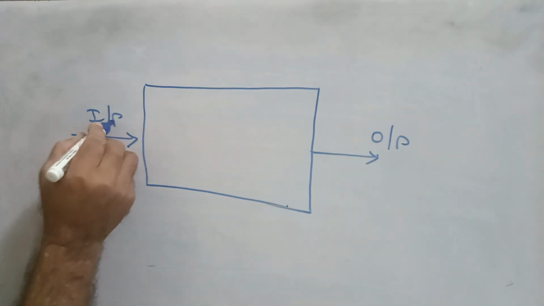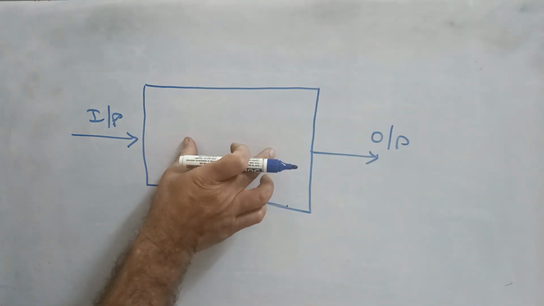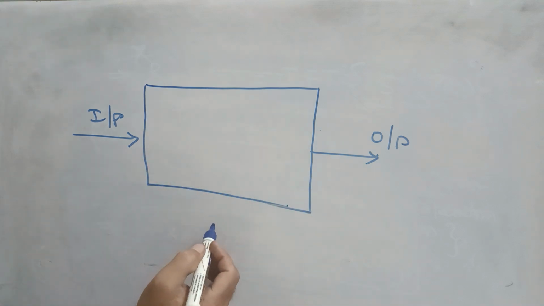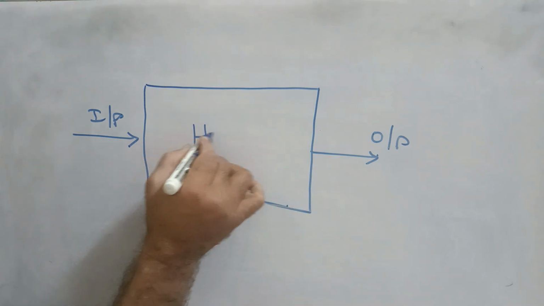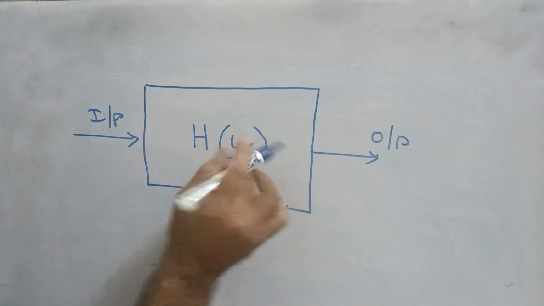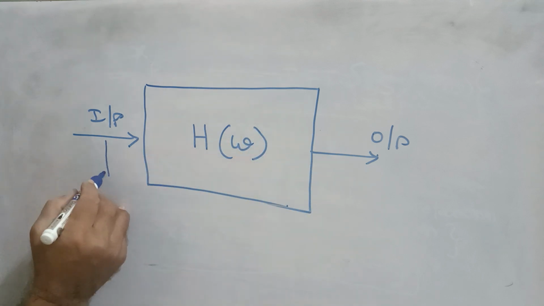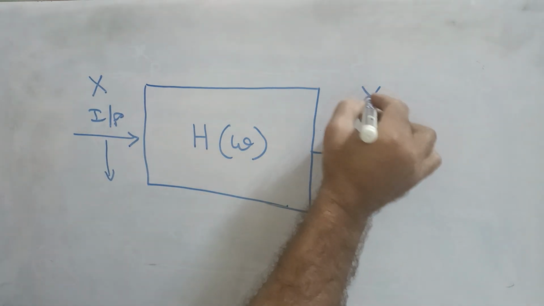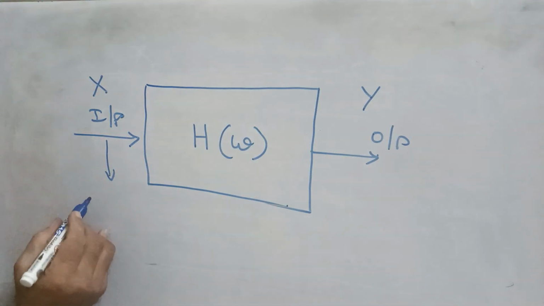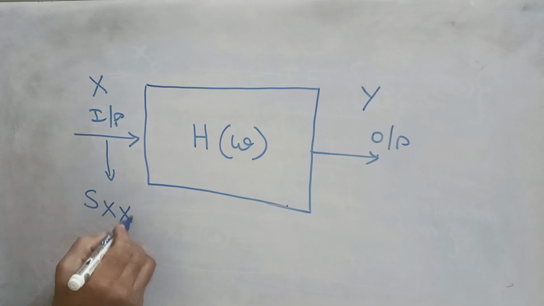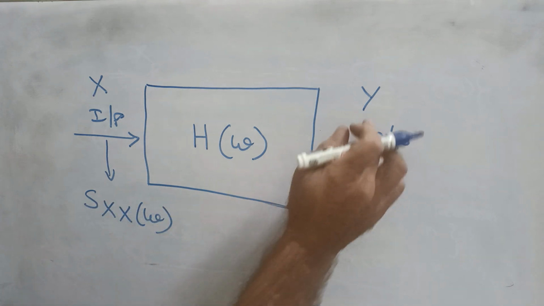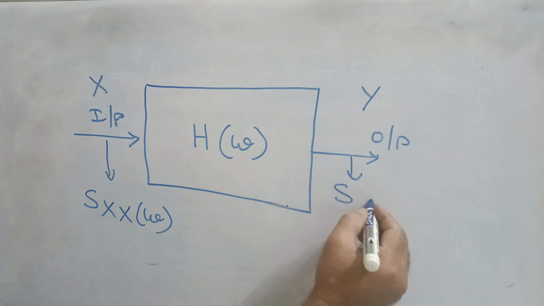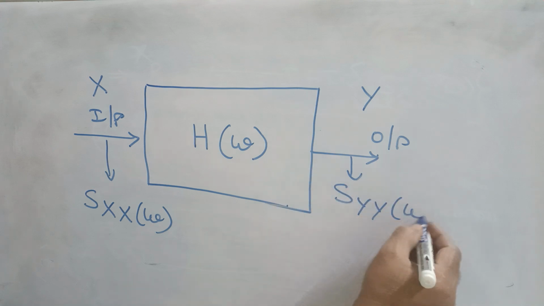Normally, the system will have a certain transfer function, H, which depends on frequency. Let us call my input random variable x and my output random variable y. With respect to x, my input power spectral density is Sxx of omega. Similarly, with respect to y, my output power spectral density is Syy of omega.